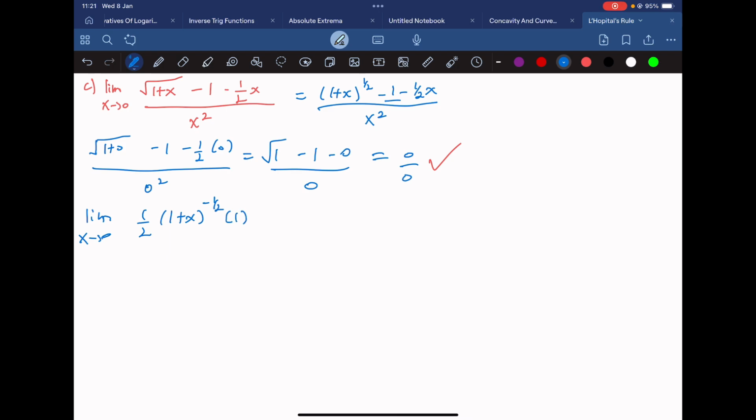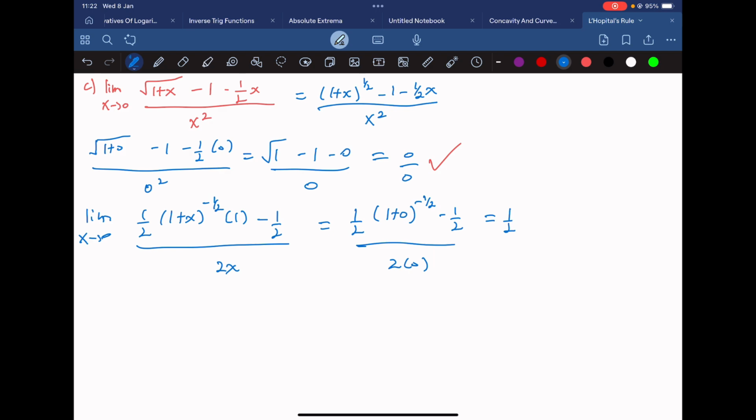Now if we differentiate 1, it goes to 0. And if we differentiate negative x/2, we have just minus 1/2. If we differentiate the denominator, you just have 2x here. So now let's put in 0. We have 1/2 times (1 + 0) to the power negative 1/2, minus 1/2, over 2 times 0.